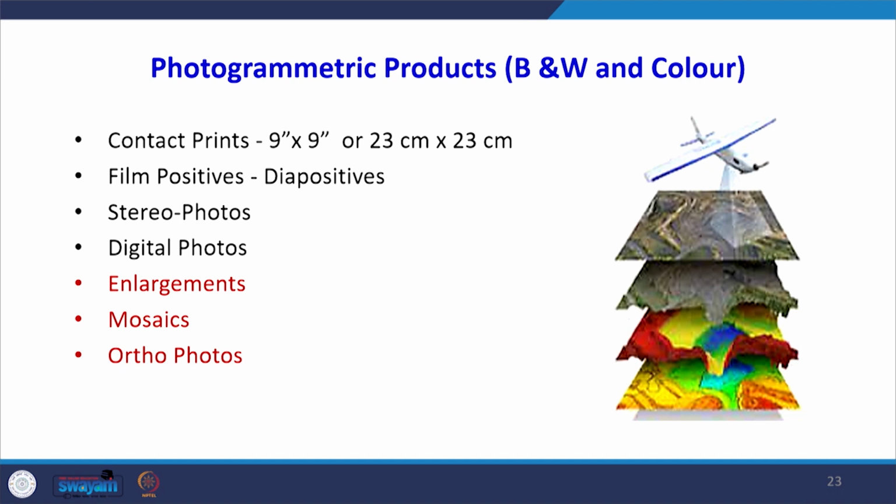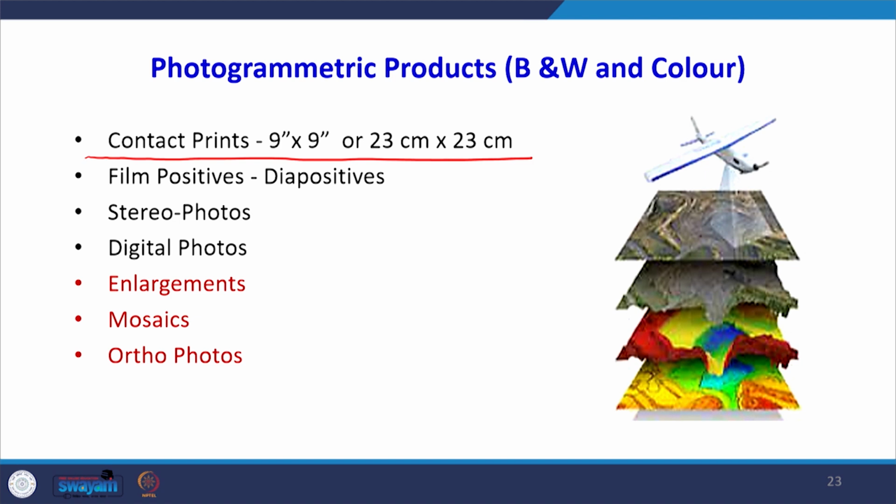This was photogrammetry when we were using analog and film. The film was exposed and the contact prints were made later on in the laboratory. The standard size was 9 inches by 9 inches, or 23 centimeters by 23 centimeters, the standard size of the contact print or hard copy photograph.